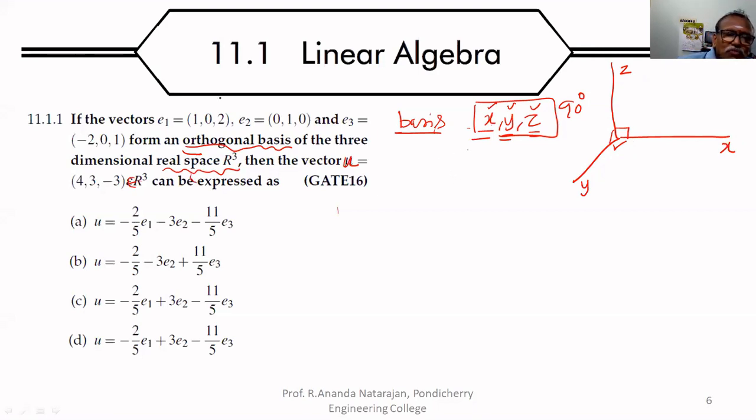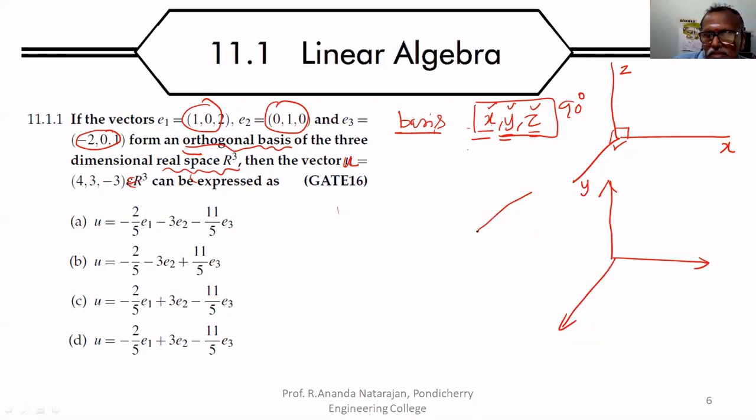So E1, E2, and E3 form an orthogonal basis. The basis is not unique. It is like this, and like this, and like this. So 90 degrees here, and here also 90 degrees.